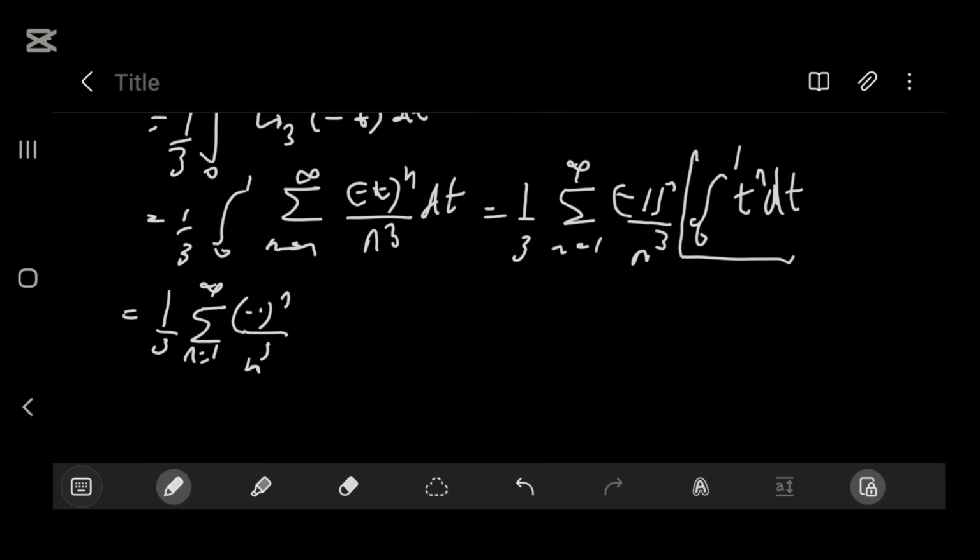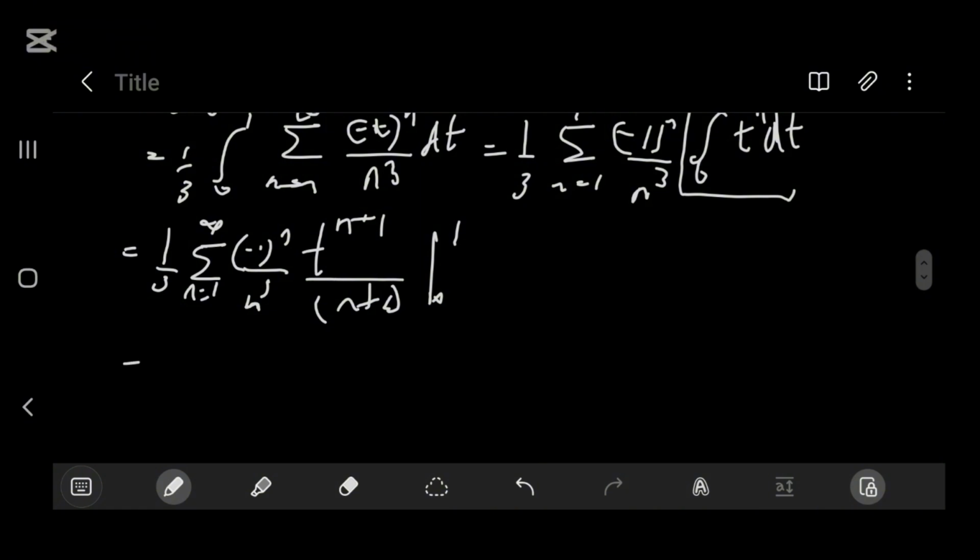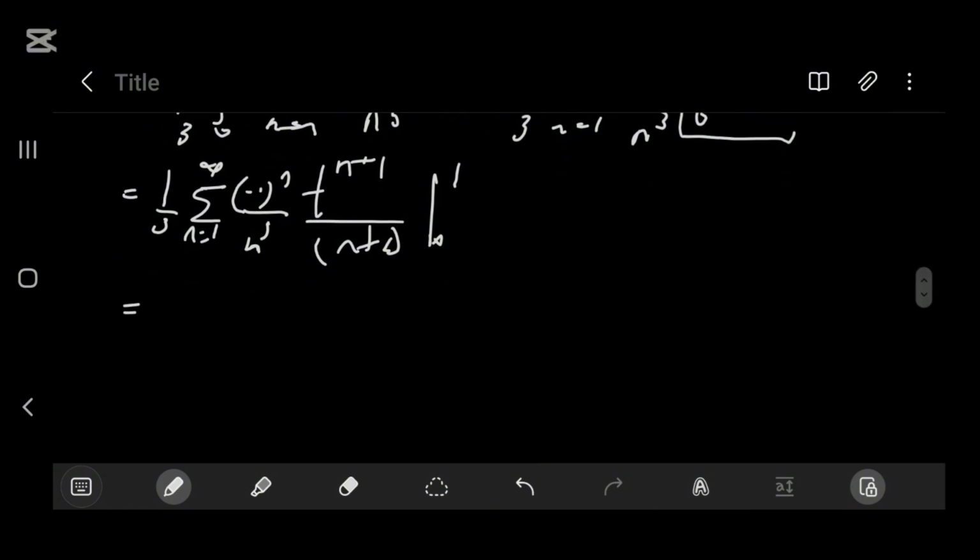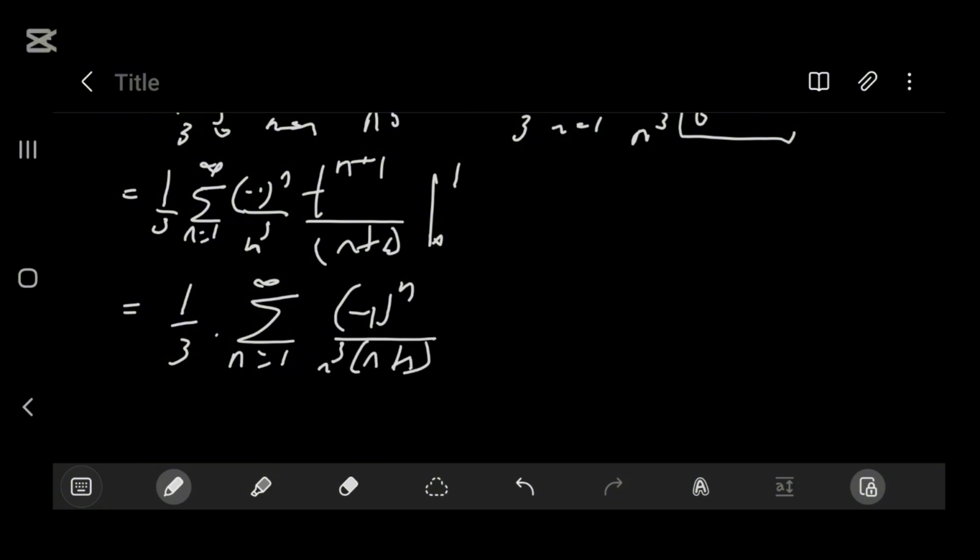When integrating this part, we'll have t to the power n plus 1 over n plus 1 from the boundaries 0 to 1. By some simplifications, we'll finally have 1 over 3 times the sum from n equals 1 to infinity of minus 1 to the power n over n cubed times n plus 1.